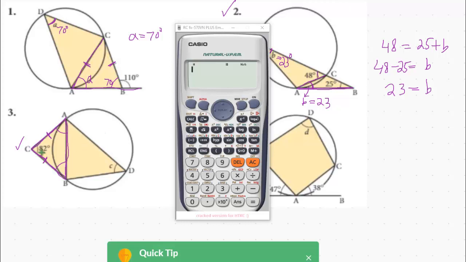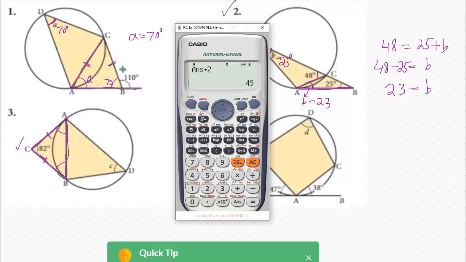So if we subtract this 82 from 180, because the sum of the interior angles of a triangle is 180, the sum of these two angles will be 98. As these two angles are equal, we divide 98 by 2, which gives 49.